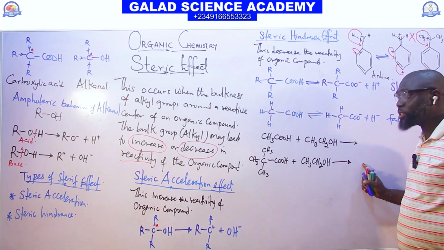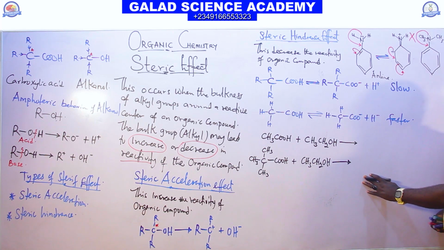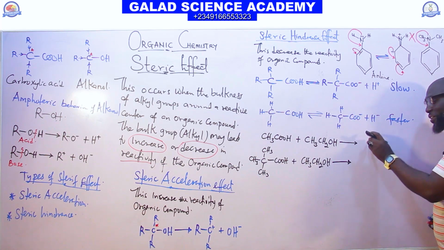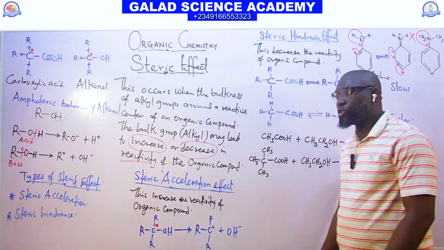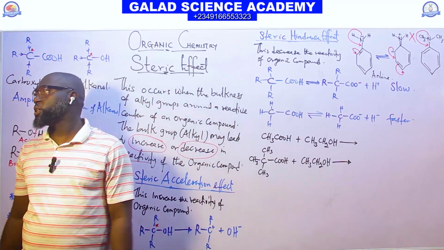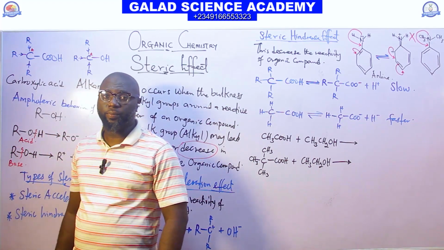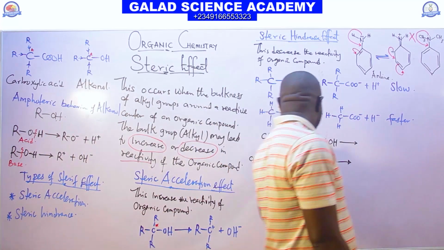If these two react together, they will ask you which of the reactions will react faster and which one will react slower. Which of the two reactions? Can you solve it?